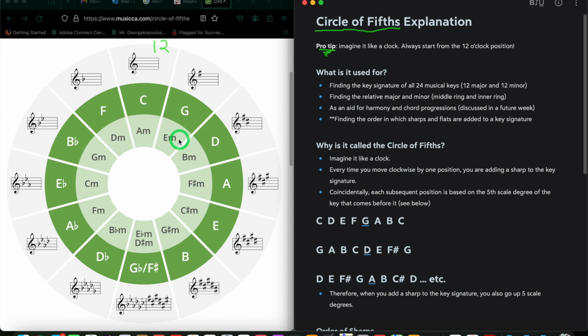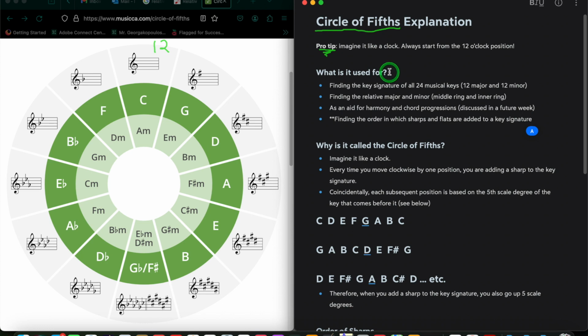G major and E minor have one sharp, D major and B minor have two sharps, etc. So if you go clockwise, you'll notice that you keep adding a sharp in each segment of the circle. If you go left, you'll notice that we add flats in each segment of the circle.